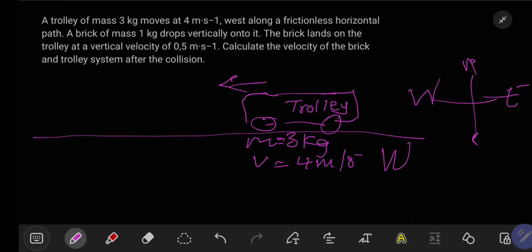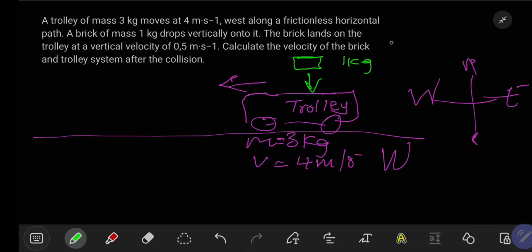Then now they say a brick of mass 1 kg drops vertically into it. We're having a brick here. This is our brick, and this brick has a mass of 1 kg. And then it drops into this trolley.